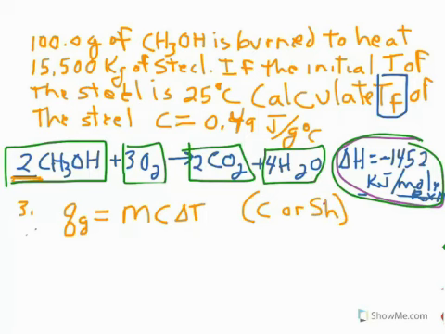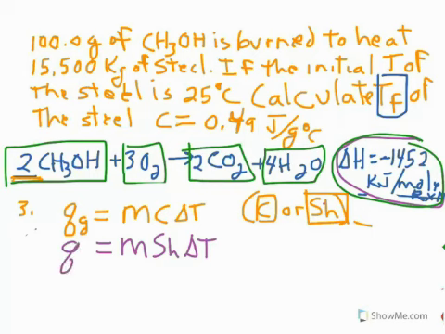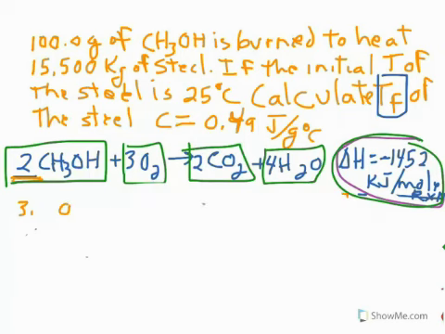I think our book uses C, but specific heat is better. Actually, I'm going to use specific heat. So I'm going to rewrite this as Q gained equals M times specific heat times delta T. I'd like you to use that instead of the C. So use this equation. Let me erase.